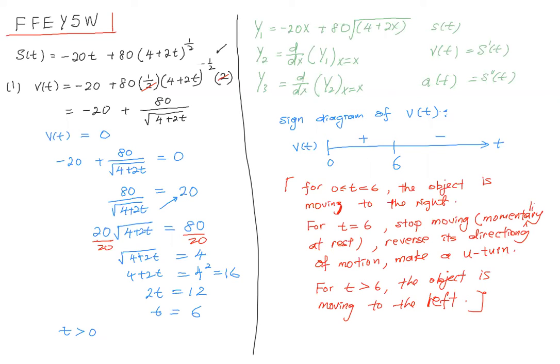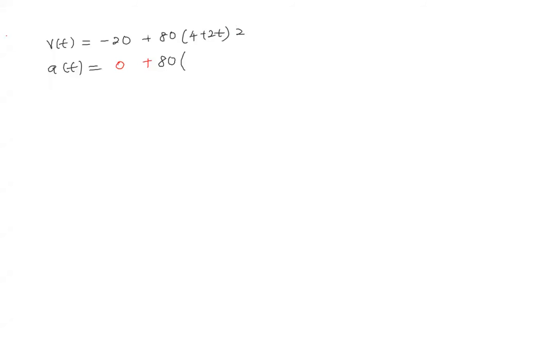Okay, this is negative half. Then continue. And then 4 plus 2t to the power of negative half. Negative 1 is negative 3/2.